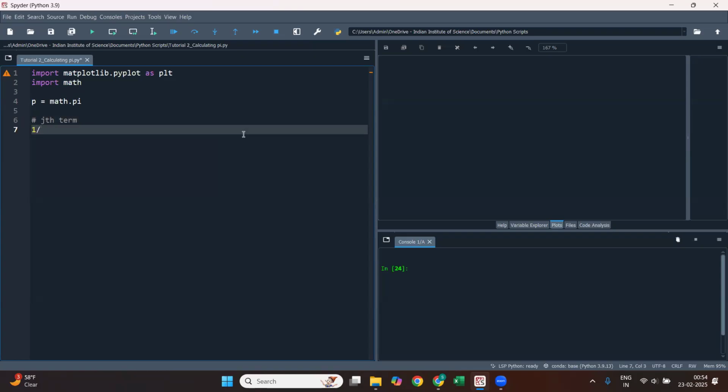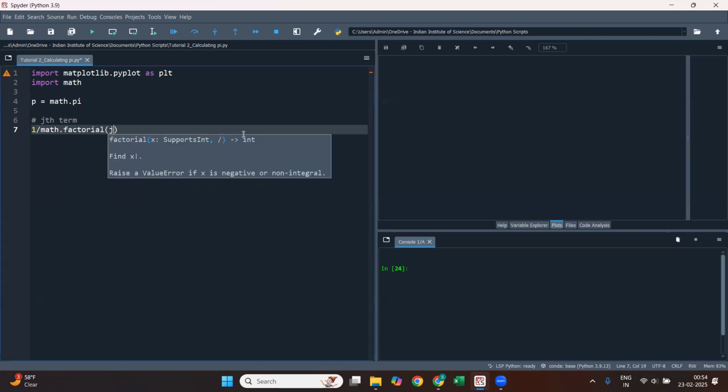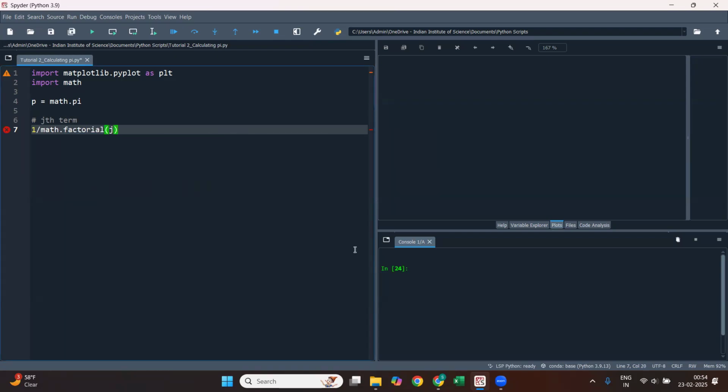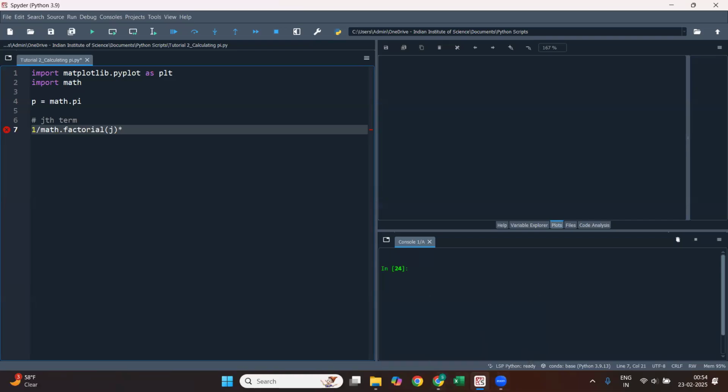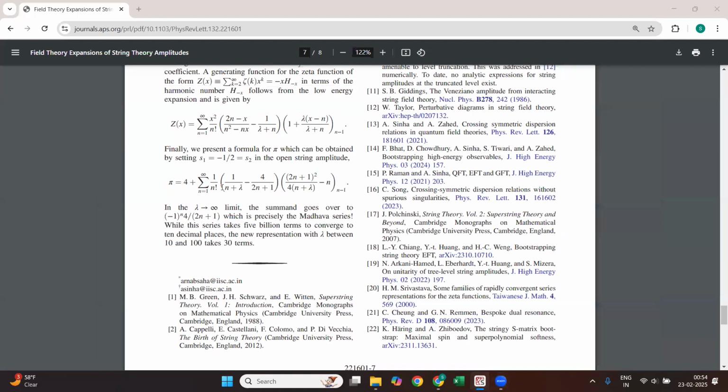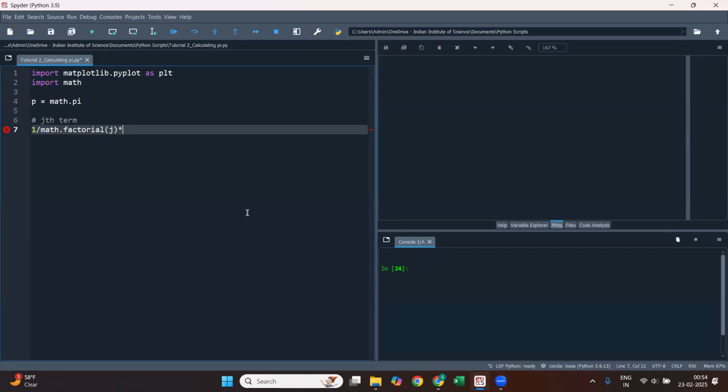1 upon j factorial. And to get the factorial of a number, you can use the math module. So math.factorial(j), this gives us 1 upon j factorial times 1 over j plus lambda. So it's the jth term, so 1 over j plus lambda. Lambda is an independent variable.